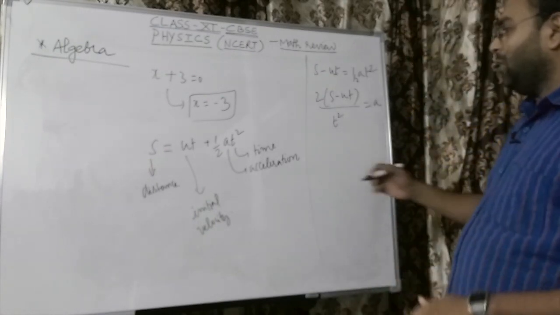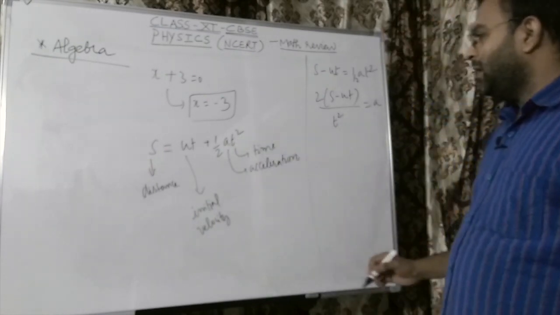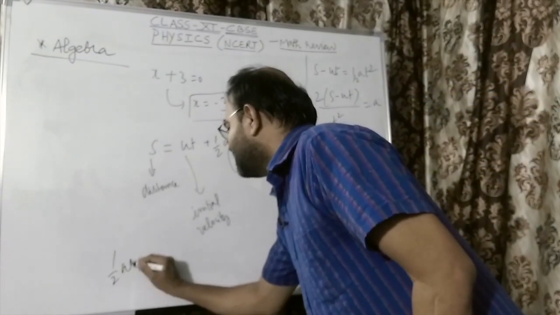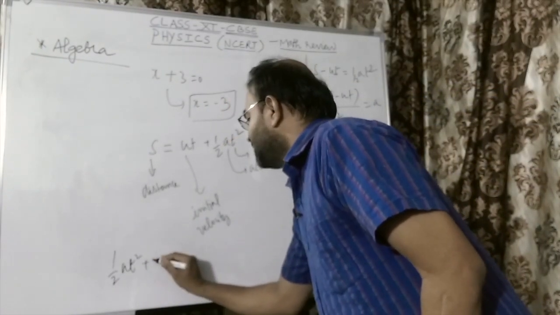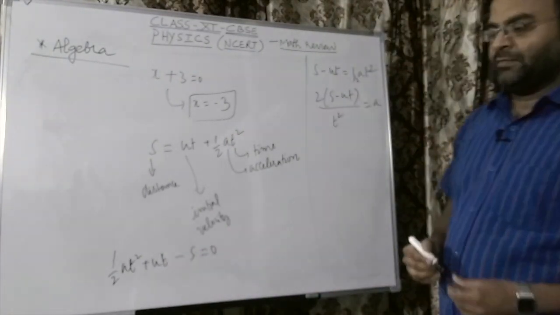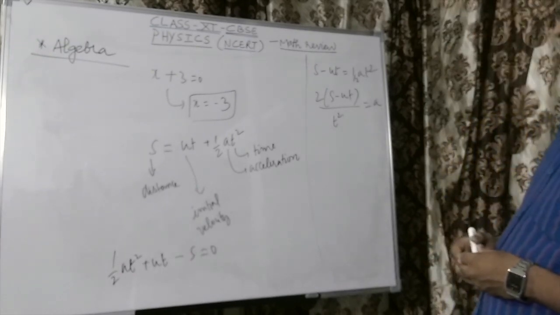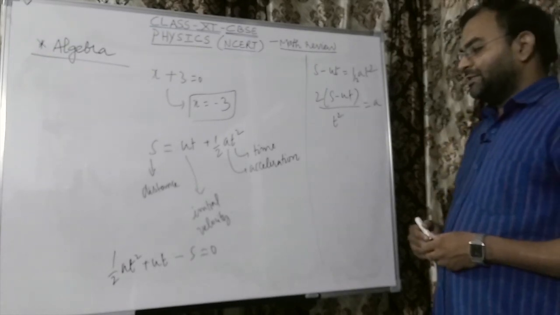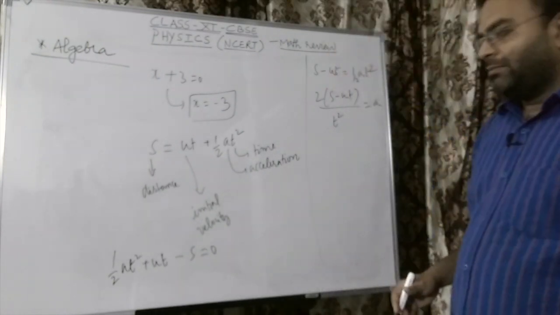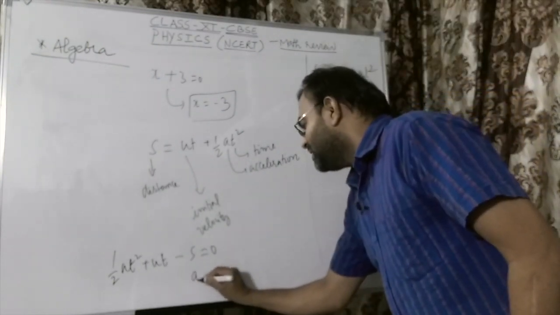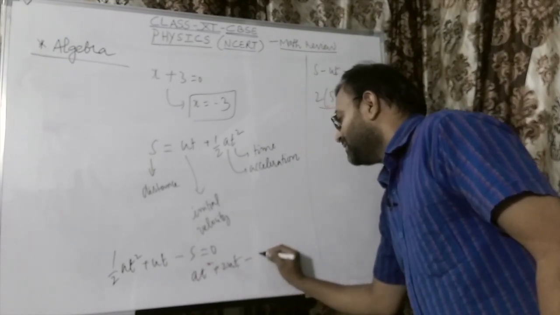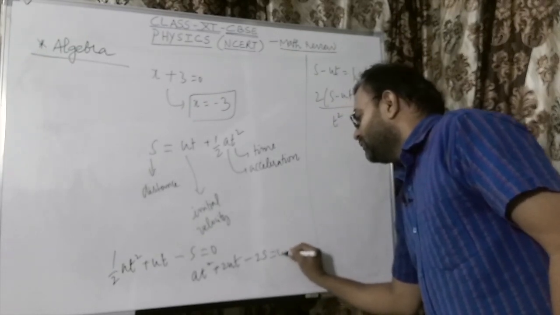solution, because you will have this equation written as half at squared plus ut minus s is equal to 0. You can write this by multiplying throughout by 2, resulting in at squared plus 2ut minus 2s is equal to 0.